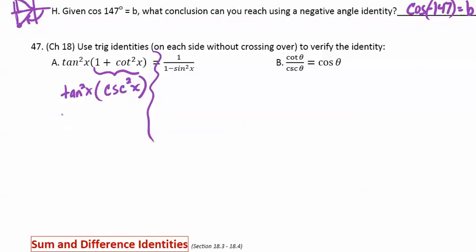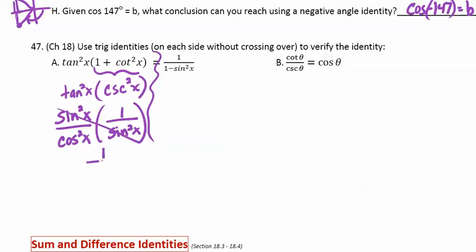So let's rewrite tangent squared by its definition, sine squared over cosine squared. And let's rewrite cosecant squared as the reciprocal of sine squared. And you can see what I mean about something canceling. So now we have 1 over cosine squared x, and we would probably rewrite that as secant squared of x. So let's see on the other side if we can turn this into secant squared of x.